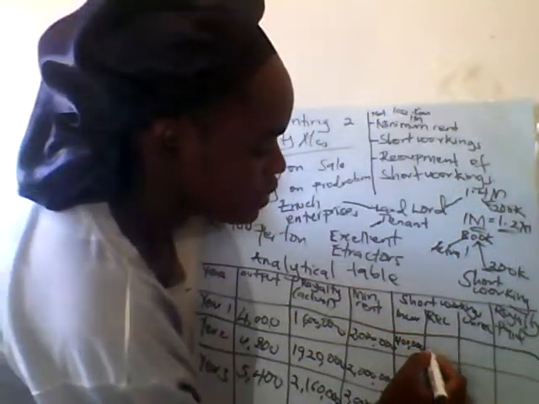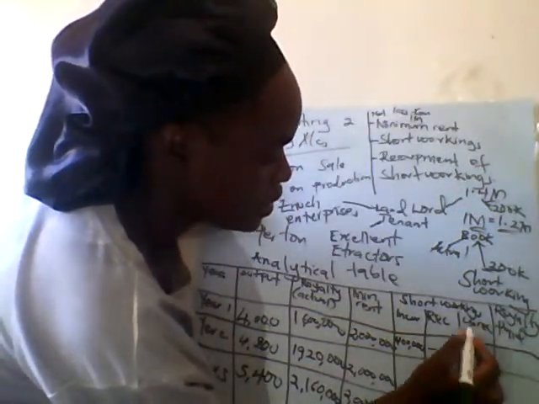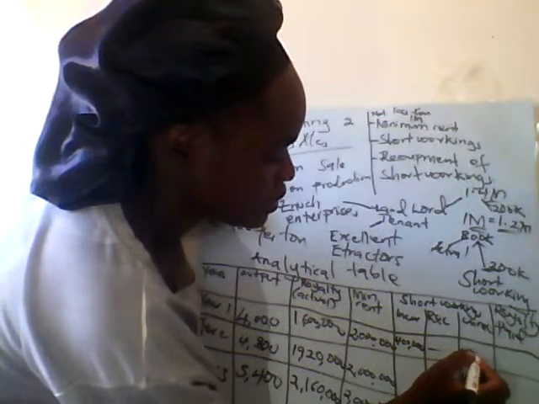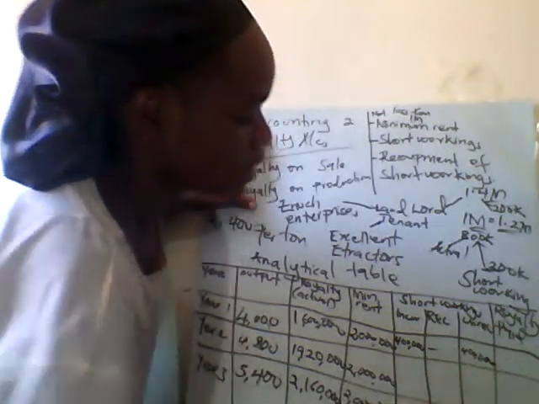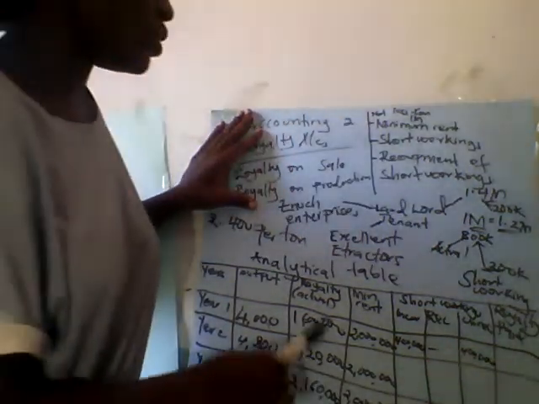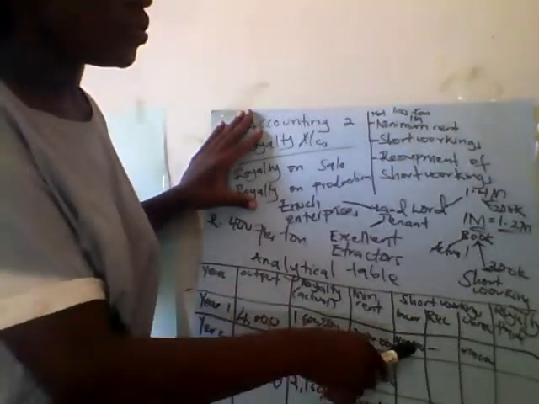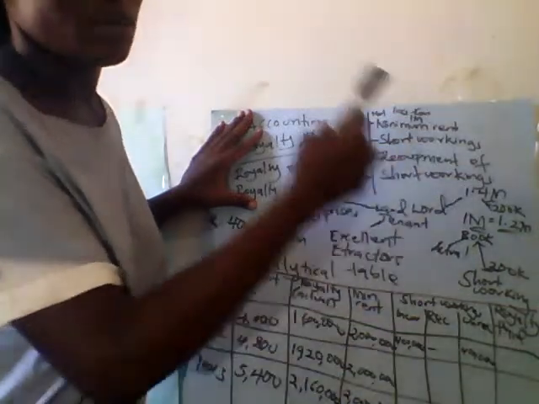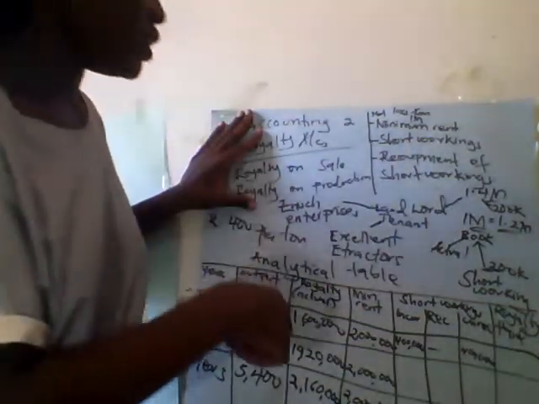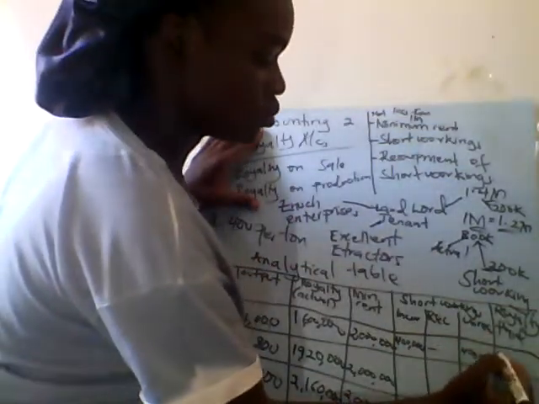What is recovered? None. Unrecovered, the 400,000. So the actual royalty plus the short working incurred gives us the royalty paid. So the royalty paid will be 2 million.